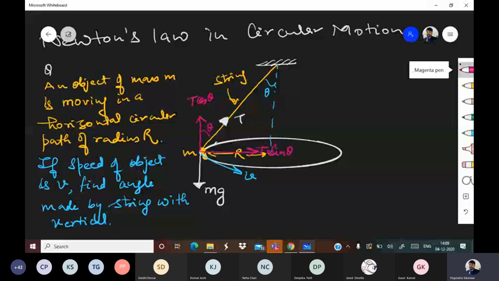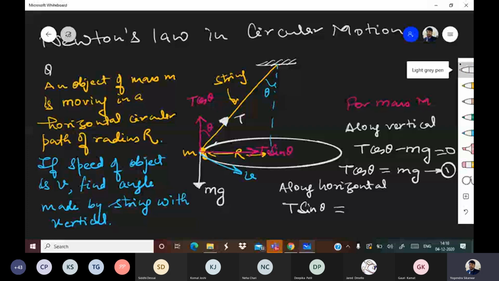Now along horizontal, T sin theta is acting, and that will be providing the necessary centripetal force. So T sin theta is equal to mv square by r. That is equation number 2.